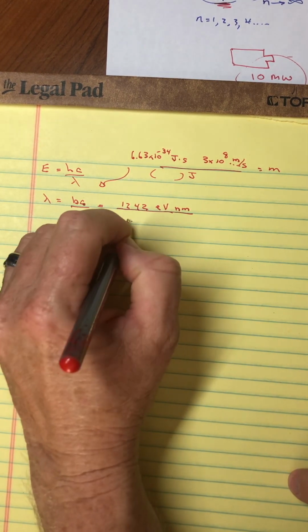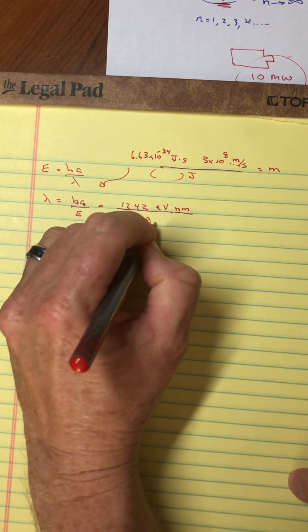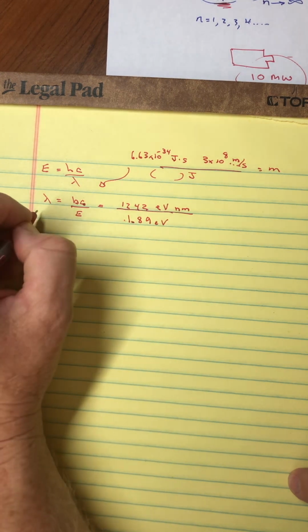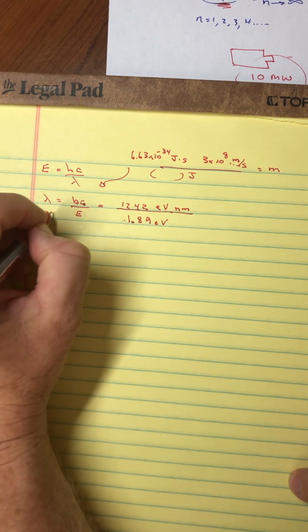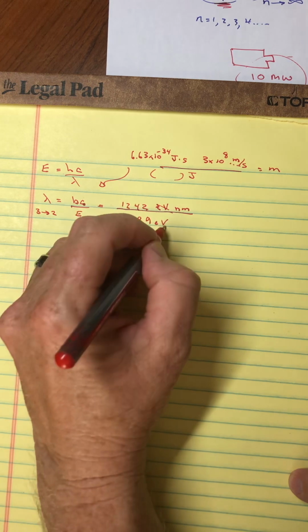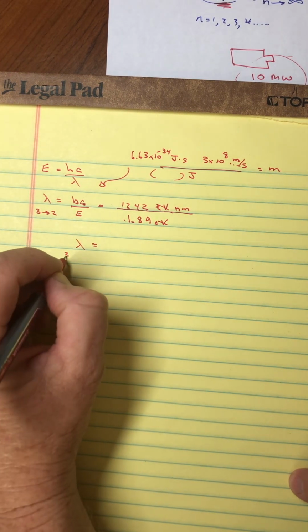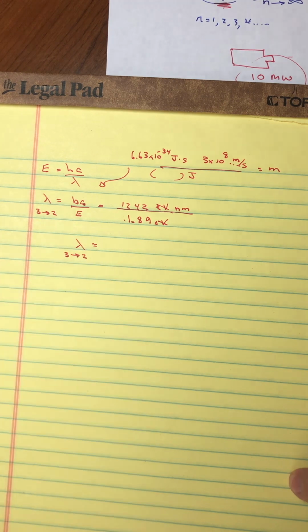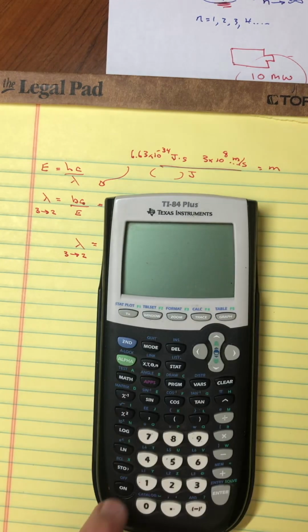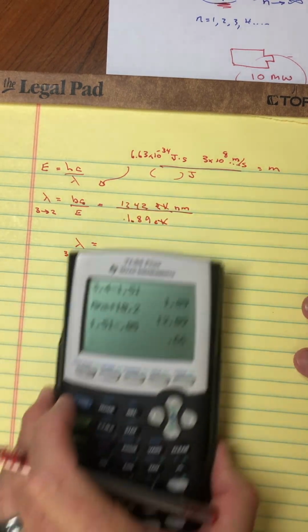What's nice about that is if you put the energy, which in my case I'll put 1.89 eV for the transition from the 3 to the 2, the eV cancels off, and you get your answer in nanometers.